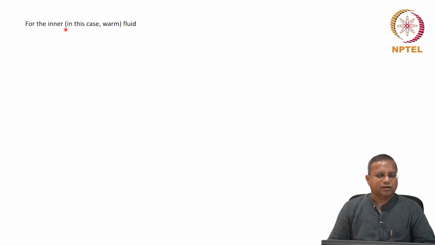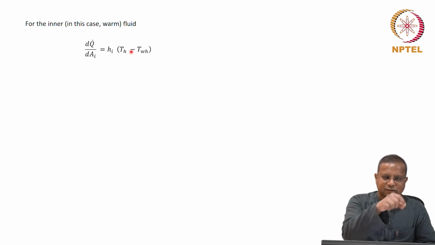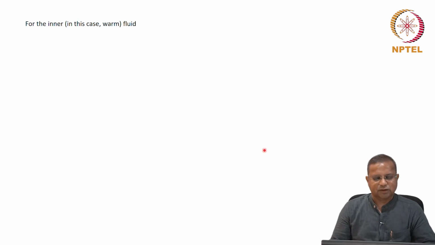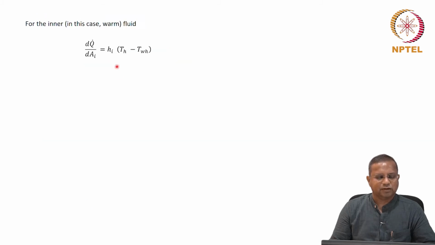For the inner, in this case warm fluid, we can write the heat flux as a certain heat transfer rate times the temperature difference of relevance, which is TH, the bulk, minus TWH. TH is here, TWH is here, that is the temperature difference, and we could write the heat flux as HI times (TH minus TWH), in a differential section.